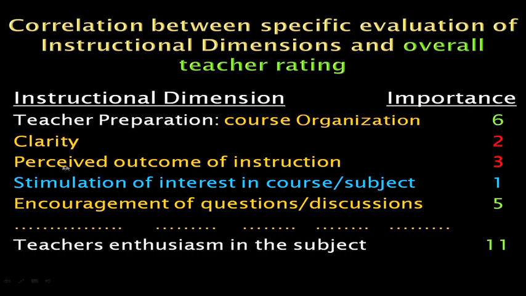This is not directly related to pedagogy, outcome-based pedagogy, but yes, the perceived outcome of instruction has rank 3 in both studies. That means, if you do not define your goal of teaching, then teaching will be very tough.